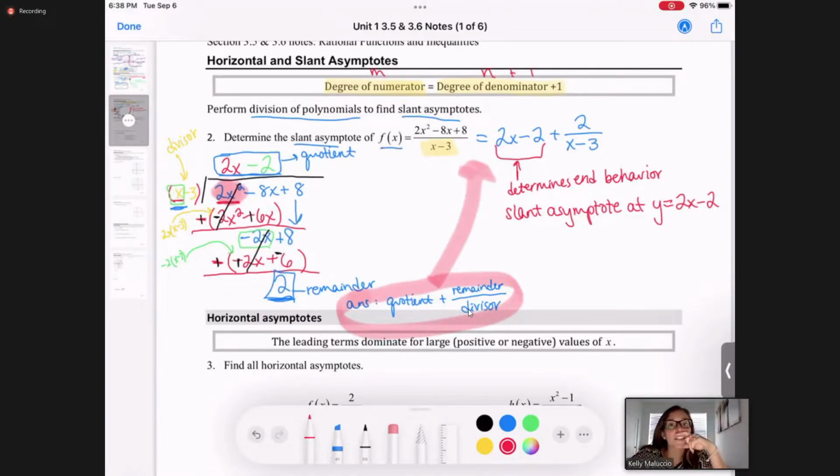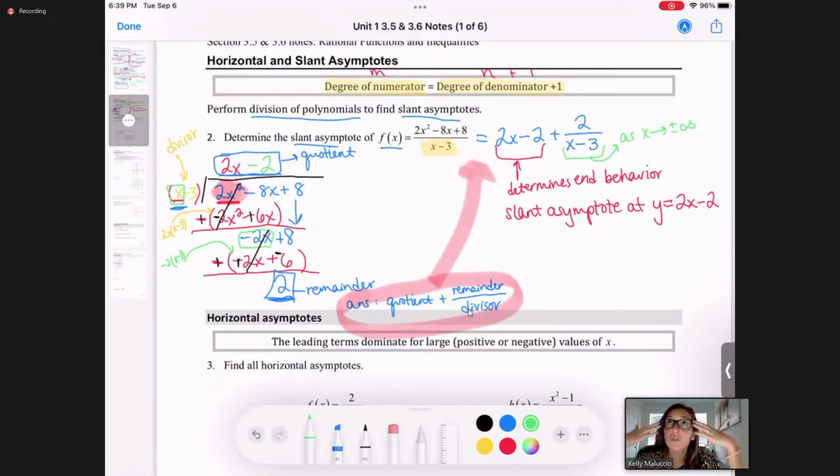Right? And this last piece, you're also probably wondering, like, what the heck does this do? Well, what happens here is, and this is always true of your remainder, that as x approaches plus or minus infinity, so if I take an infinitely large number or an infinitely large negative number, I get 2 divided by some really big positive or negative number.